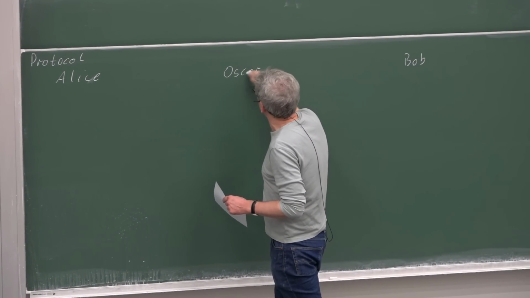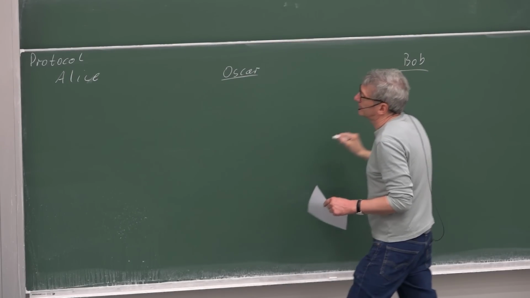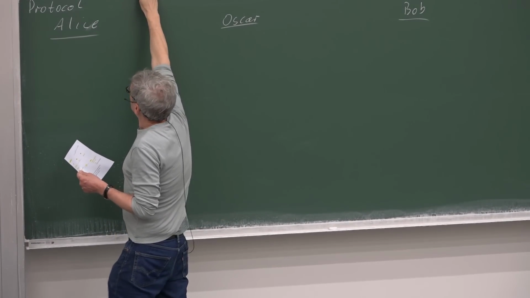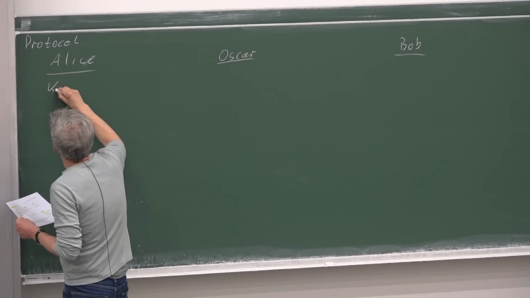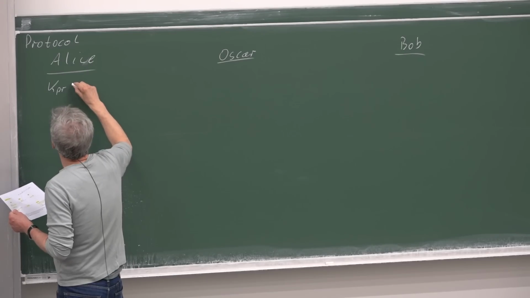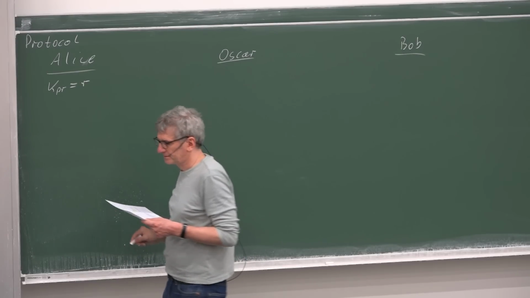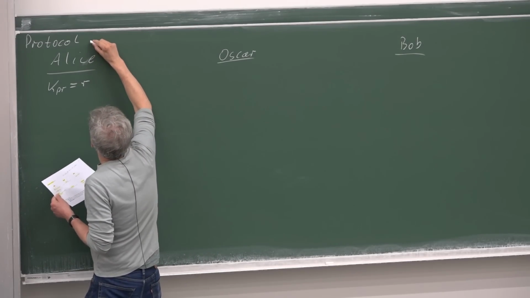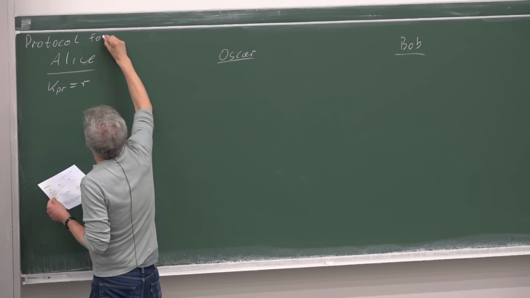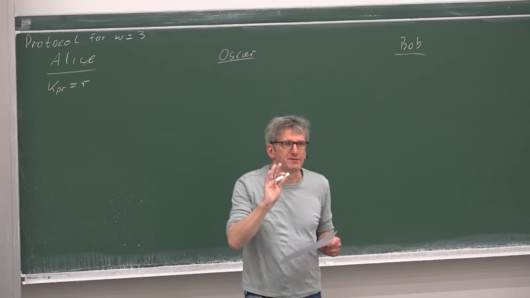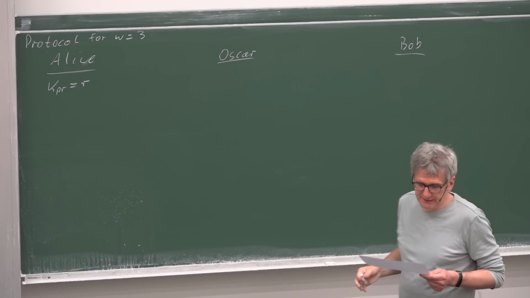You will see in 5 minutes, so we need Oscar here. So Alice computes K private is equal to R. Protocol for W equals 3. Again, we stay with concrete numbers, and I think it's easier to understand.